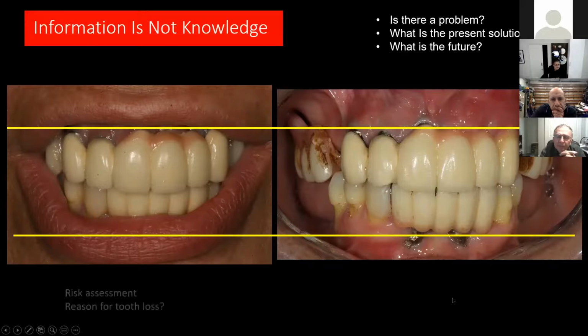When we talk about risk assessment, information is not knowledge. It could be fake news, but this is real. This complication is real for this patient.